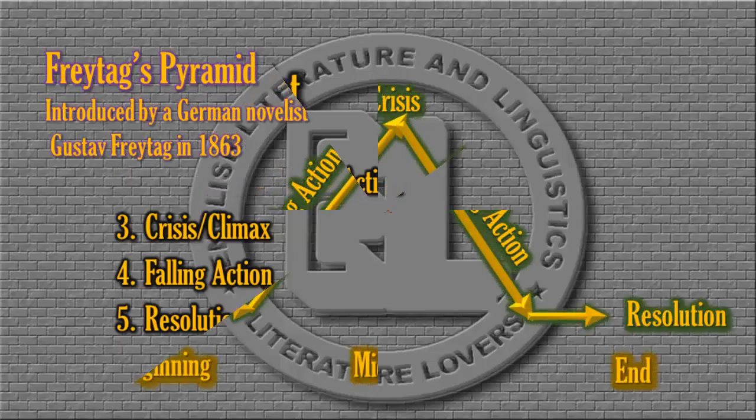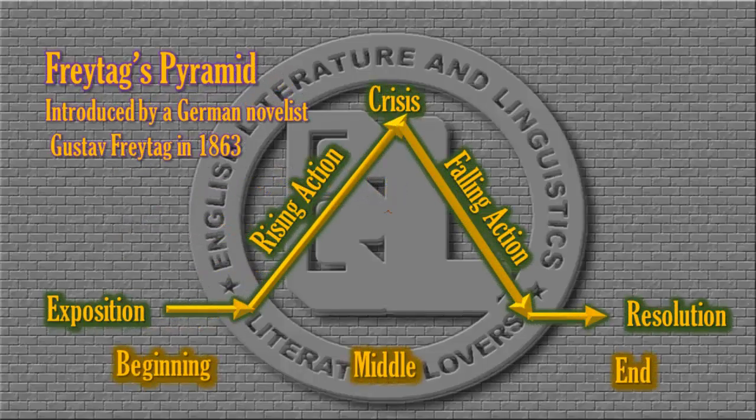According to Aristotle, a plot must have a beginning, a middle, and an end. The diagram you see on the screen shows the sequential order of the elements of the plot, that is, the exposition, the rising action, the crisis, falling action, and resolution.